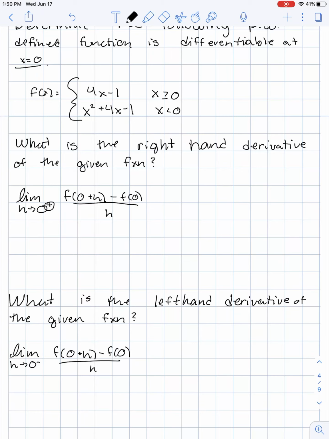So that means that 0 plus h, this inside bit right here, is going to be greater than 0. So that means I'm looking at when 4x minus 1 is my function.